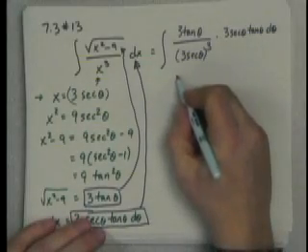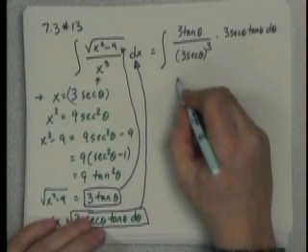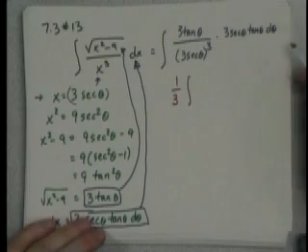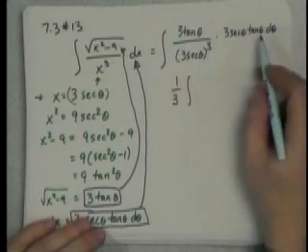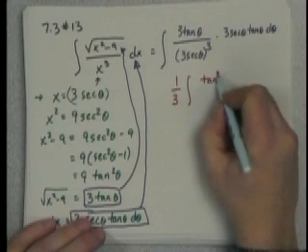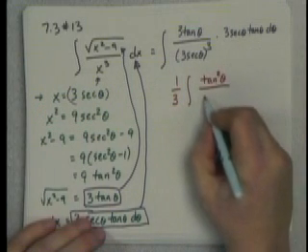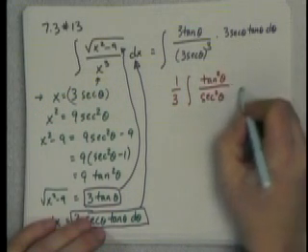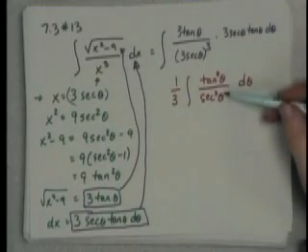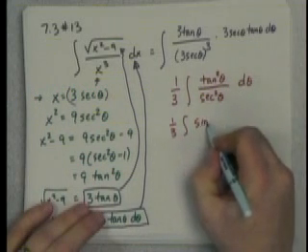And then the 3's become 9 on top, the 3 cubed is 27 on the bottom, so I end up with a 1/3 that I can pull out front. I have tangent squared on top, secant over secant cubed, which gives me a secant squared on bottom. Of course, tangent is sine over cosine, secant is 1 over cosine, so this becomes sine squared.